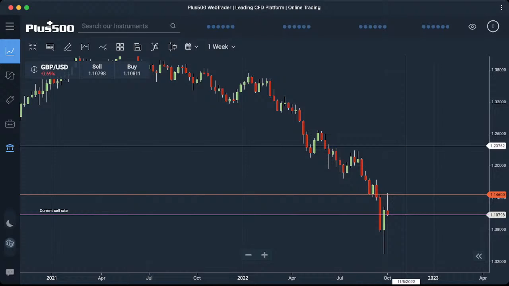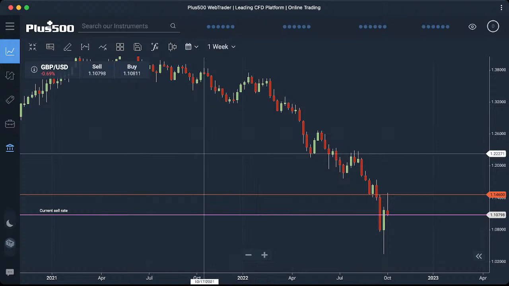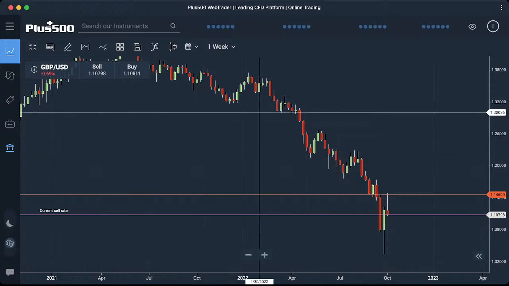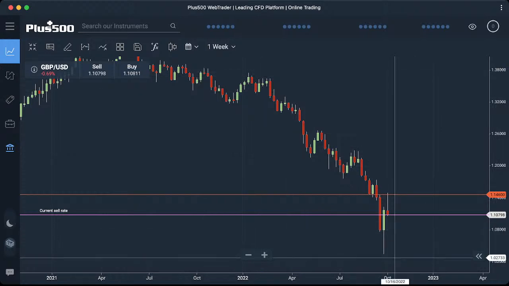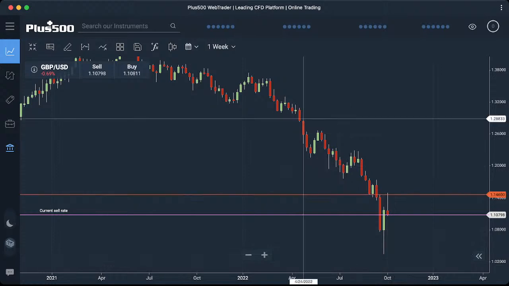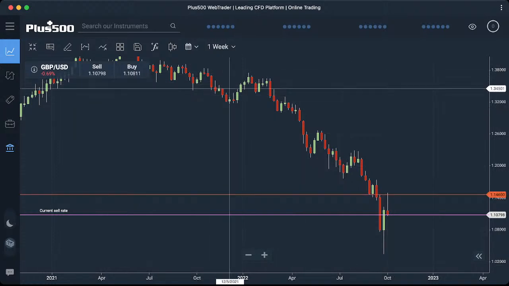So let me start this session by going to the pound dollar pair. This is the weekly chart, and you can see overall the price action is showing us the pound dollar institutional order flow in the weekly chart is bearish.